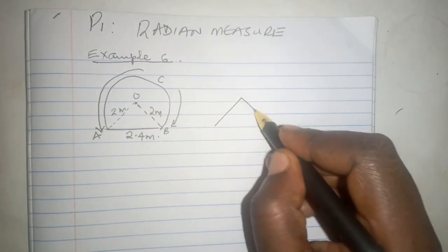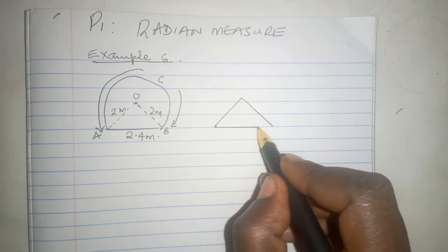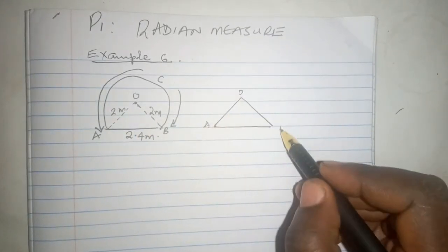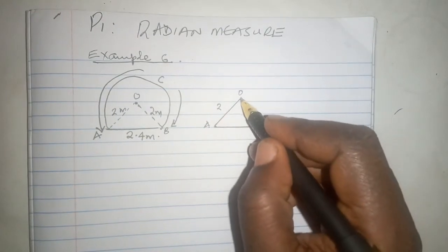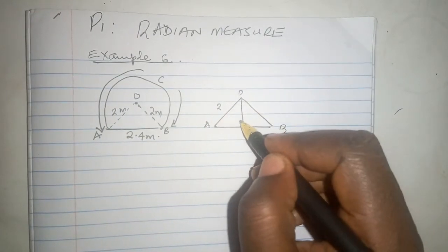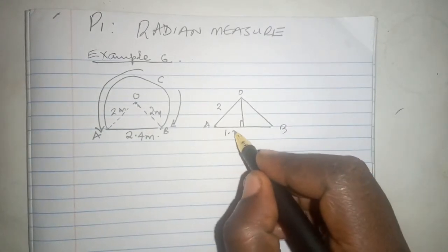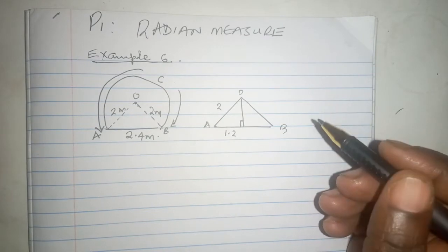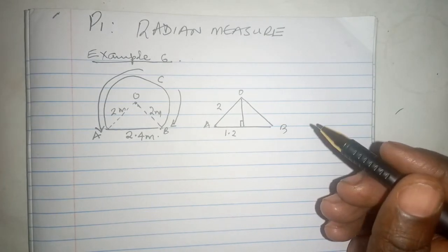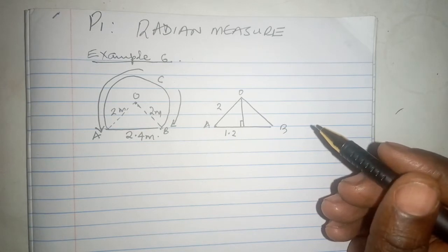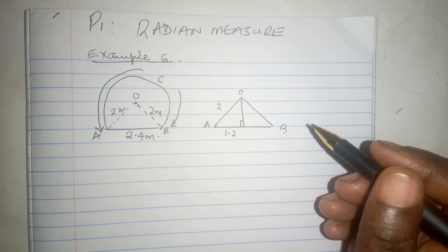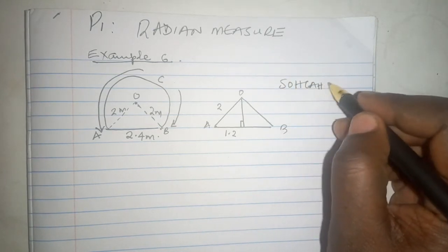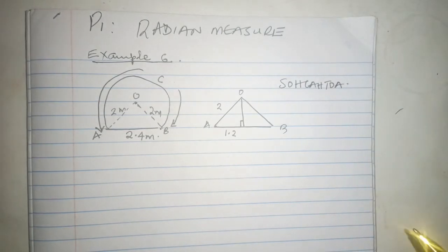This is A, O, B, and this is 2, and of course this can be 90 degrees, and this is 1.2. The reason for this approach is to allow us to use trigonometric ratios, because when we use SOHCAHTOA, we must have a right-angled triangle.